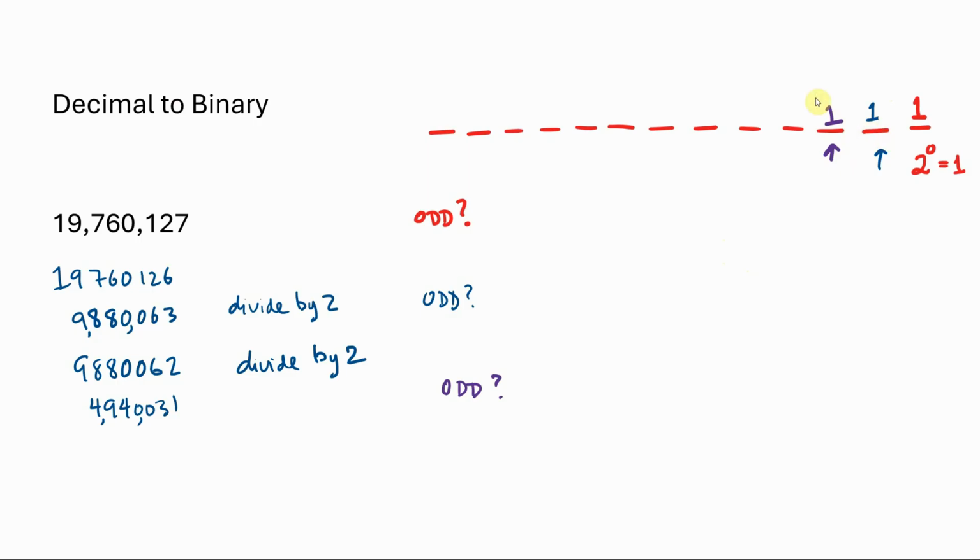Now I'm going to repeat the process. I'm going to subtract 1, and then I'll divide by 2 again. And this time we're going to get an even smaller number.